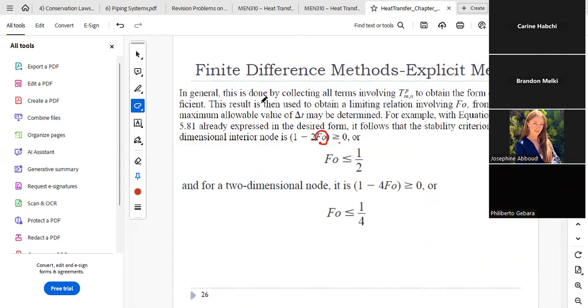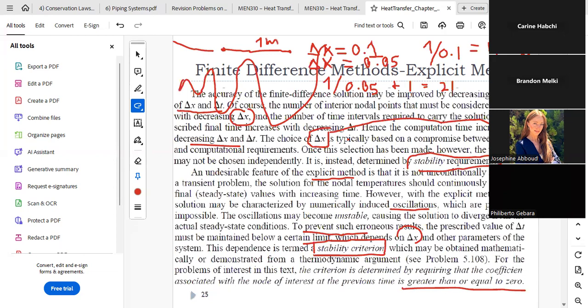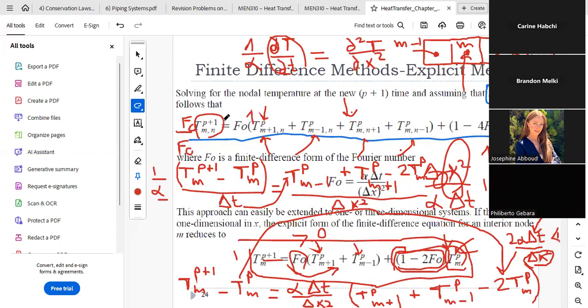So we can say that in the 1D case, the condition for the Fourier number in order to have a stable solution is that the Fourier number is smaller or equal to half. But if you go now to the 2D equation, you have a different condition. Because if you go to the 2D equations that we transformed to numerical form, the coefficient for T_(m,n)^(p+1) is 1, it's positive, it's fine.